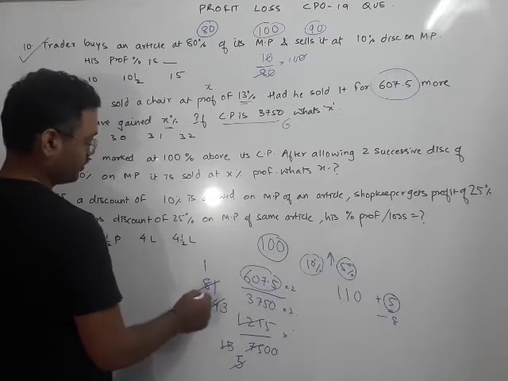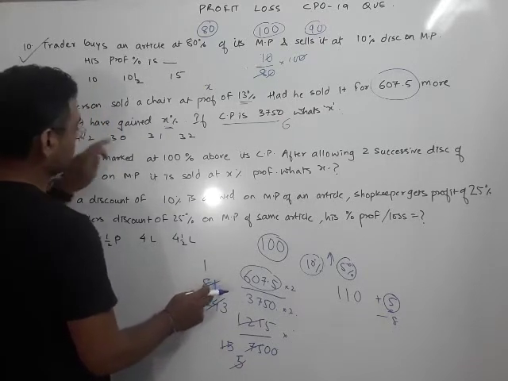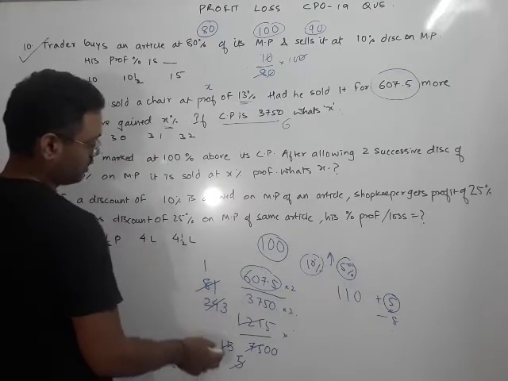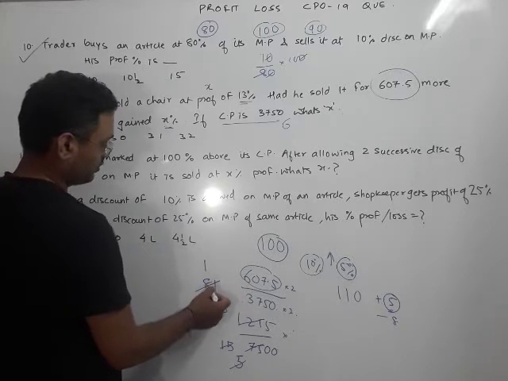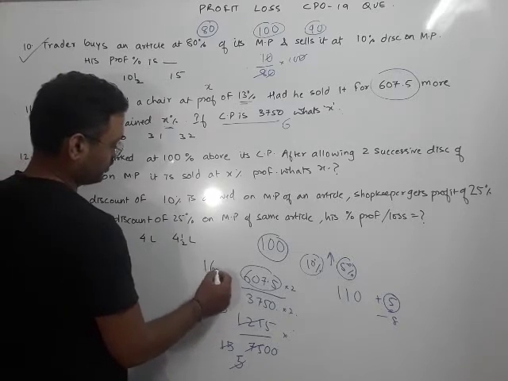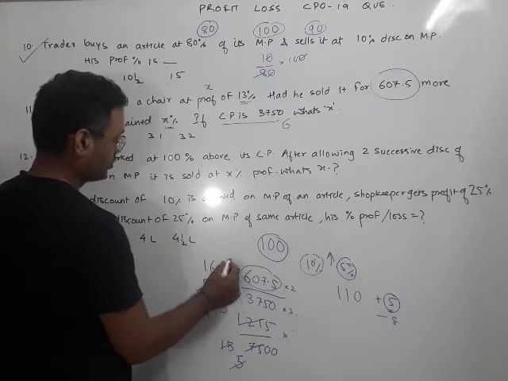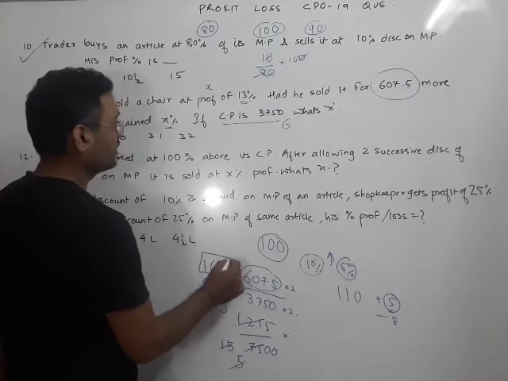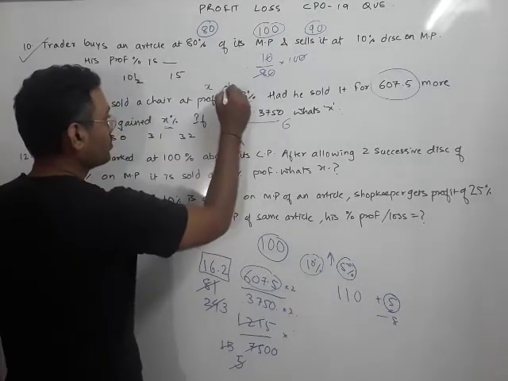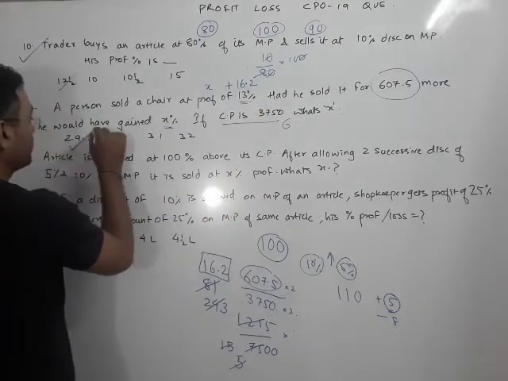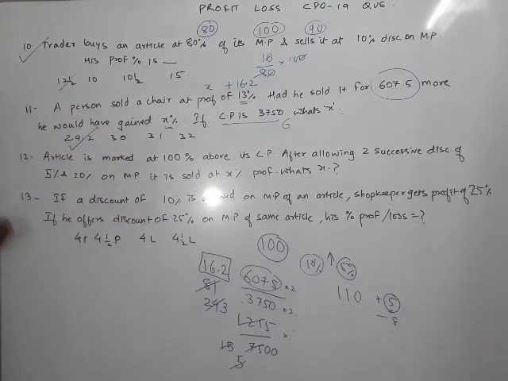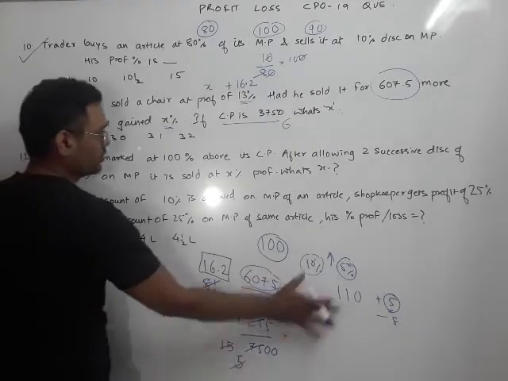You see the options, it is coming in point. 16.2 is the increase, so plus 16.2 means 29.2 becomes your answer.